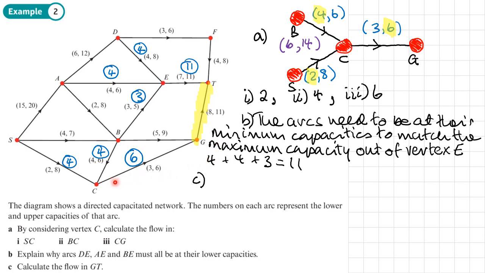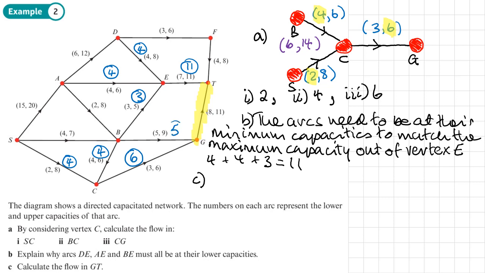So we have this arc flowing into it, CG, and that's got a flow of 6, that's at its maximum. And then this arc BG, well, that needs to be a minimum of 5. So we need to have at least 5. Now 6 plus 5 makes 11. That matches the maximum of this one. So arc BG cannot go any higher than 5.